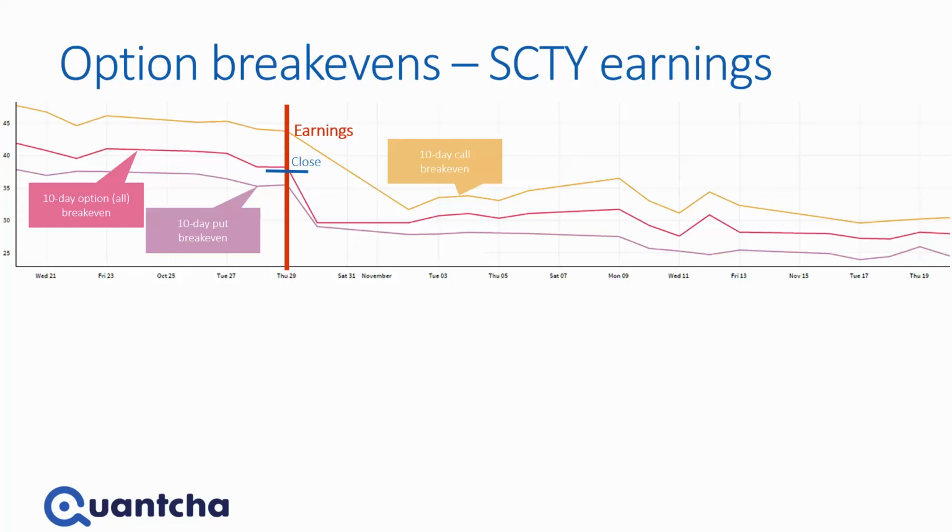This is a period of time around SolarCity's earnings very recently, and you can see that on the day of earnings they closed at around $38 a share, and that was on the 29th of October. Now, there's a couple things here. The first one is you can see the call break-even was much further away from the closing price than the put break-even was.